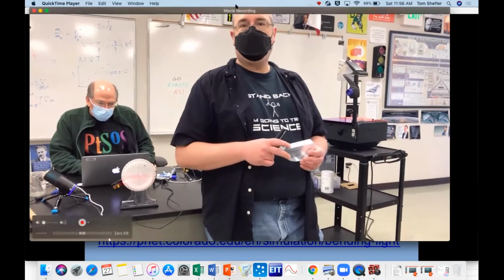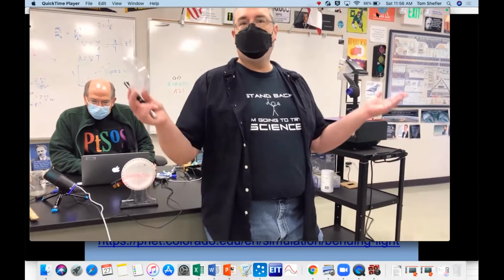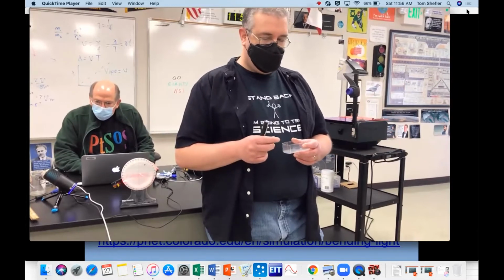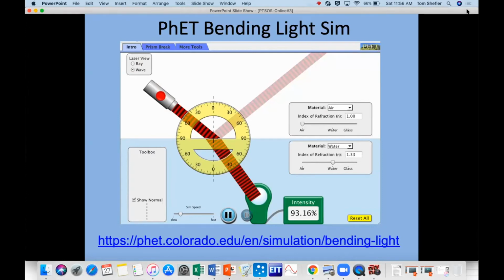And that's because what is the main ingredient of Jell-O? Water. I find that yellow Jell-O works the best if you're using red lasers, which is what I have the students use.